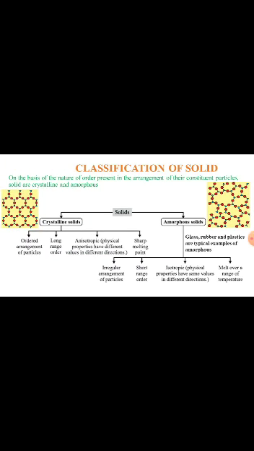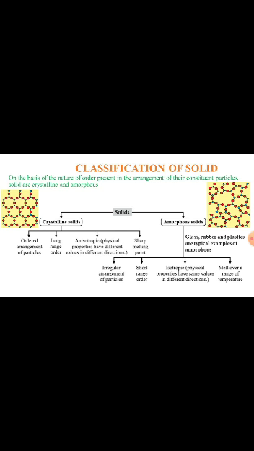Now classification of solids on the basis of nature of order present in the arrangement of their constituent particles. Particles may be atoms, molecules or ions. Solids are crystalline and amorphous. Now look at the diagram.